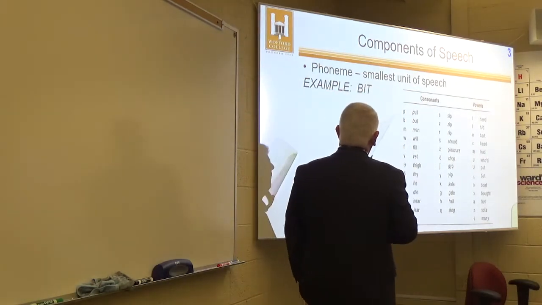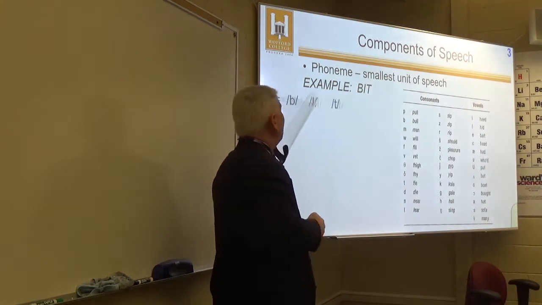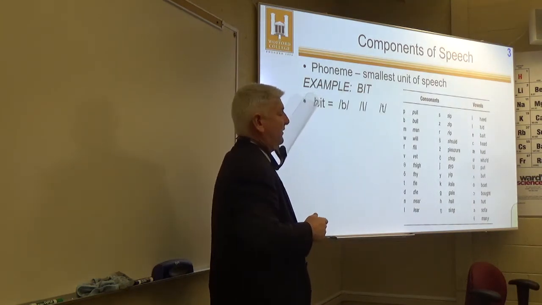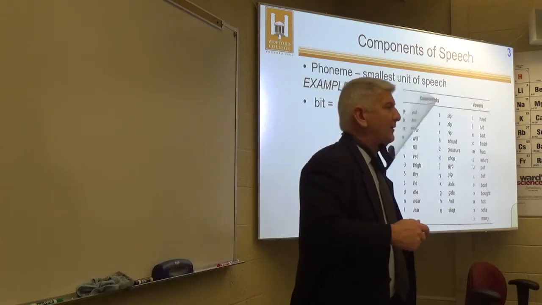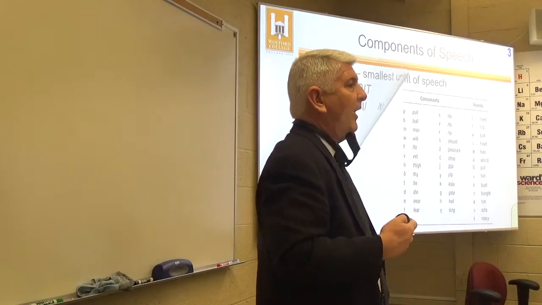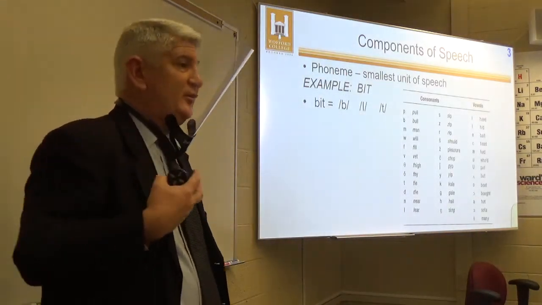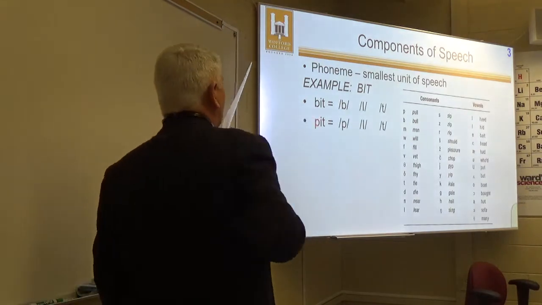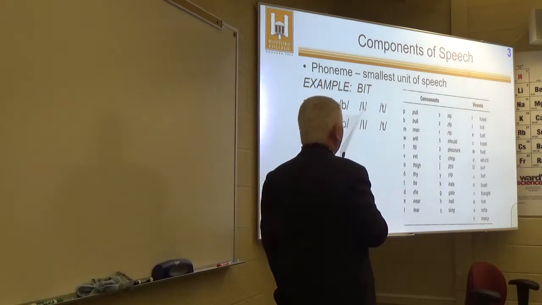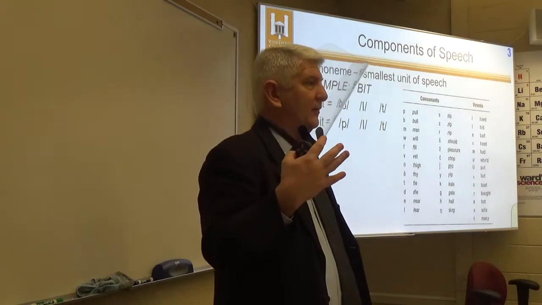Right? So we can say bit. Everybody say bit? Bit. So bit has three phonemes. It. So we have three phonemes there. And if we change any one of those phonemes, we fundamentally change the meaning of that word, right? So now if we change the first one from ba to pa, we now have pit.